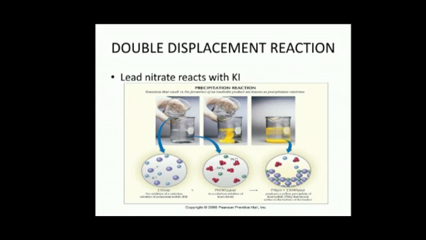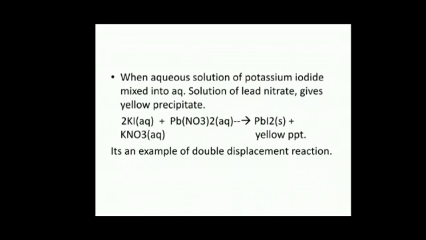And the products produced after the reaction, you can see here in the equation on the image, are yellow precipitate of lead iodide and aqueous solution of potassium nitrate. Look at the equation I wrote here on the slide: when aqueous solution of potassium iodide is mixed into aqueous solution of lead nitrate, it gives yellow precipitate, and this is the equation. And of course this is an example of double displacement reaction.